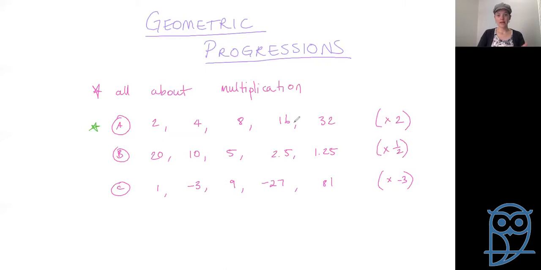We start at 2, we end up at 32, we're going to 64, 128, it's just going to go on getting bigger. From 1 to 81, times 3 times 3 times 3, it's going to get bigger and bigger and bigger. So if you're multiplying by a number that's bigger than 1 or less than minus 1, so large magnitude, magnitude being the size of the number.